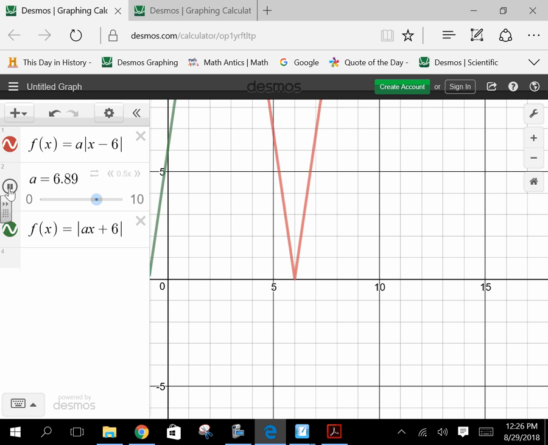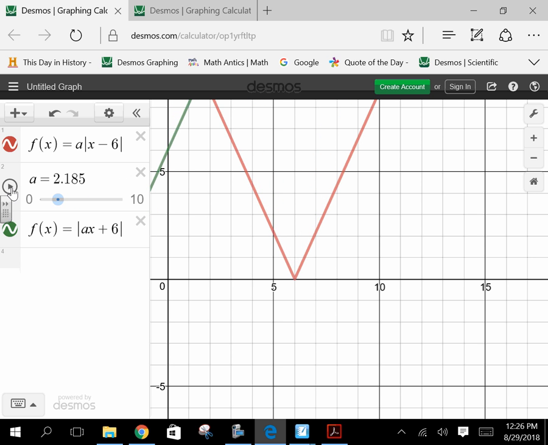When a gets bigger, there's a vertical stretch going on. It's getting thinner. When a gets smaller, right, it's widening up. When a gets smaller, look at when a becomes a fraction. In other words, less than 1. Look, when a becomes less than 1, look at how this is going to be smashed vertically. I'm going to just smash this so it's going to open up. Watch.